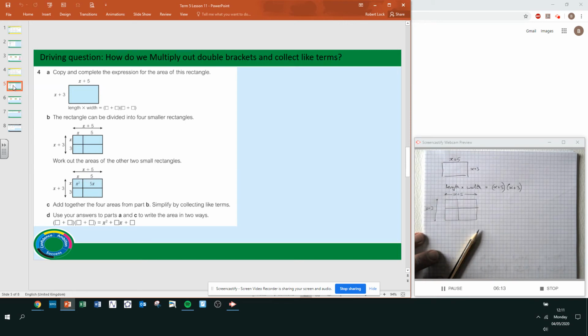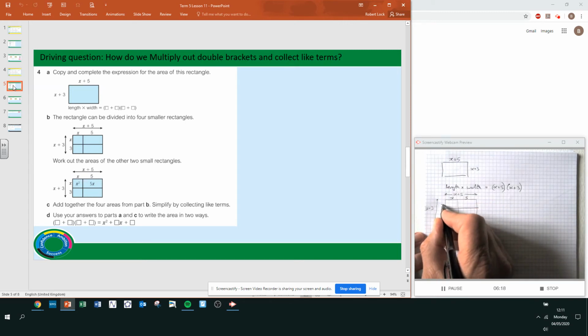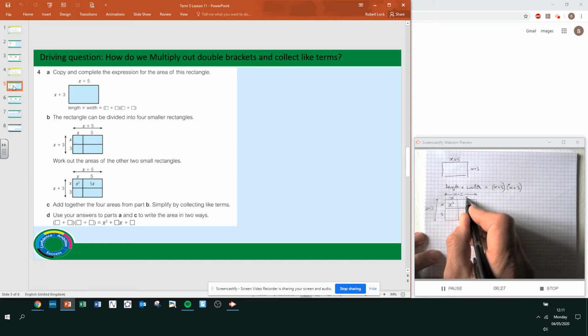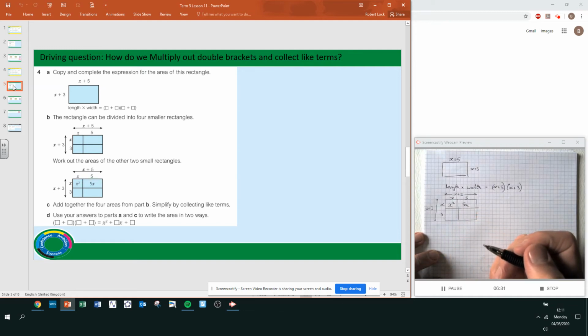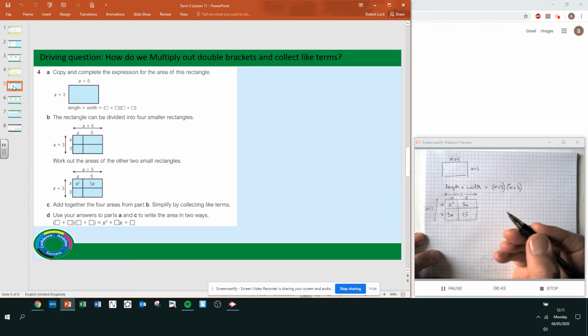So here is an x, here is a 5, here is an x, and here is a 3. Now we can multiply through. X times x is x squared. X times 5 is 5x, as shown on the bottom of B. What they're asking you is to work out what 3 times x is. Well, 3 times x is going to be 3x, and 3 times 5 will be 15. That's the answer to B.